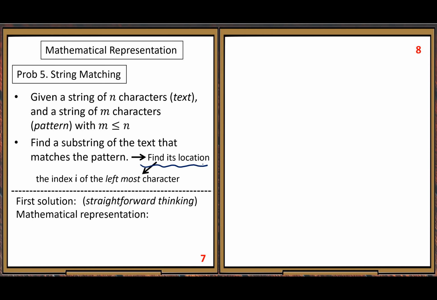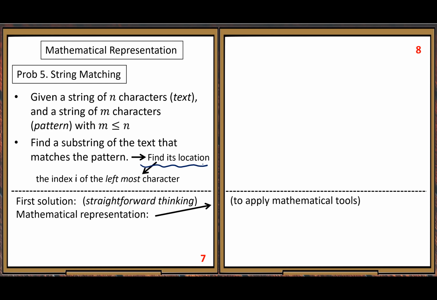Write down on the paper, so then we can see the expressions clearly. Because if we have a mathematical representation, then we can apply mathematical tools, so we may have some formulas, some special methods.